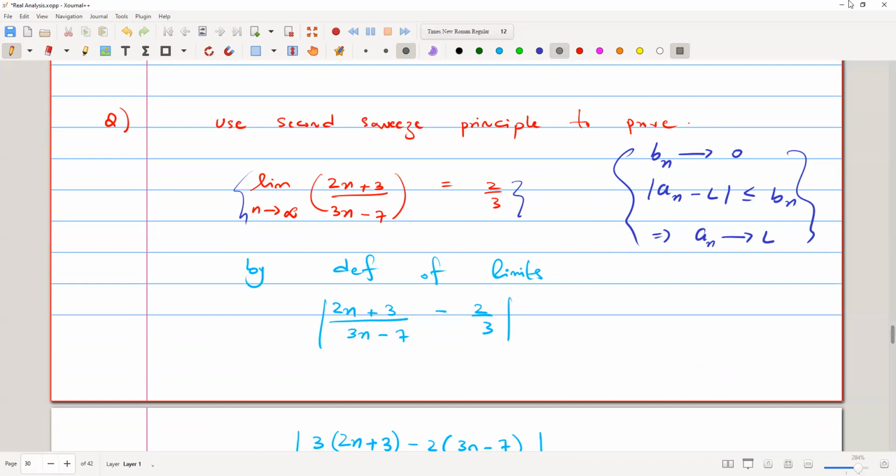And by the definition of limits, we know that if this converges to this, then the mod of this thing is less than epsilon.